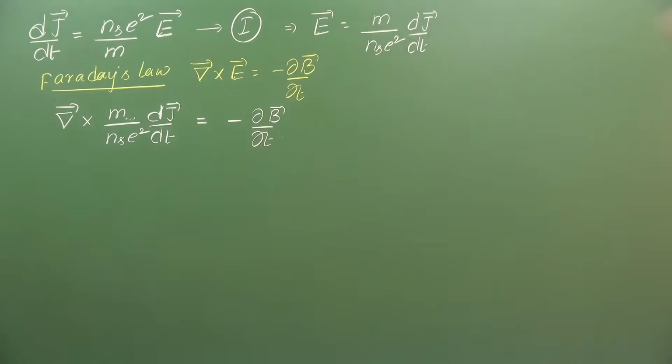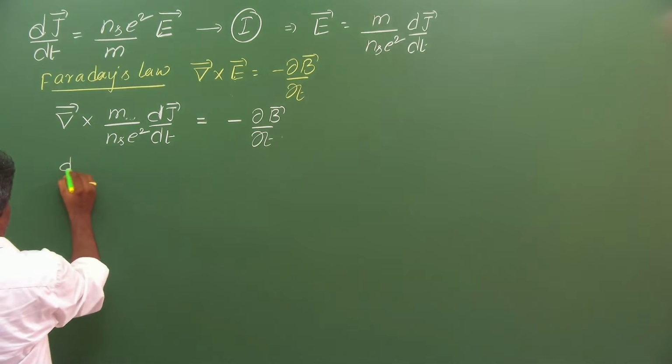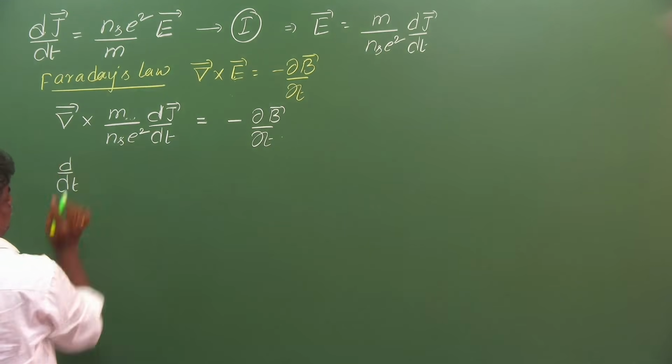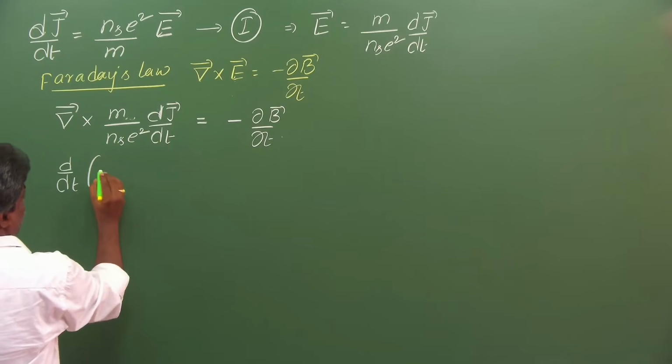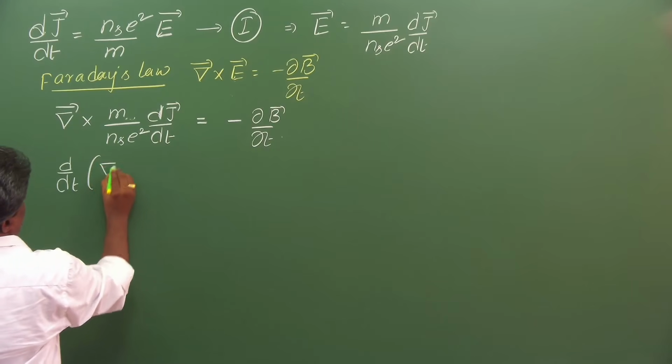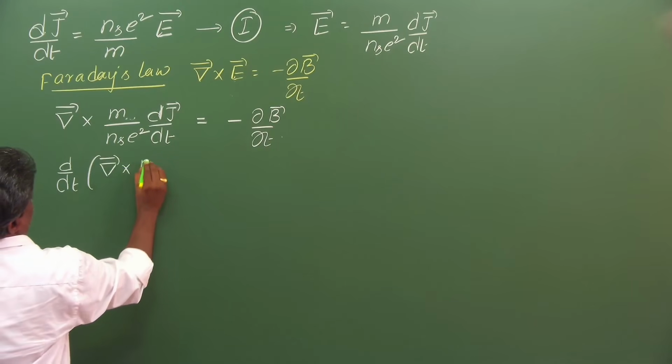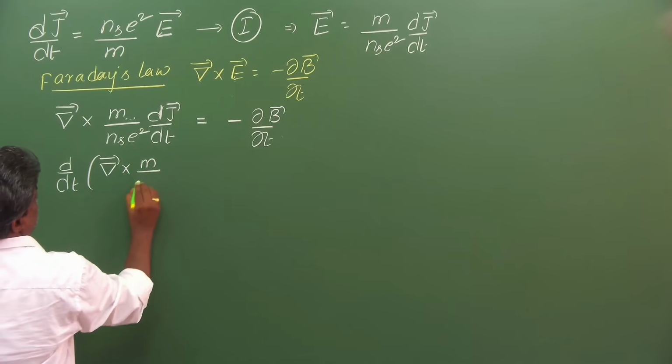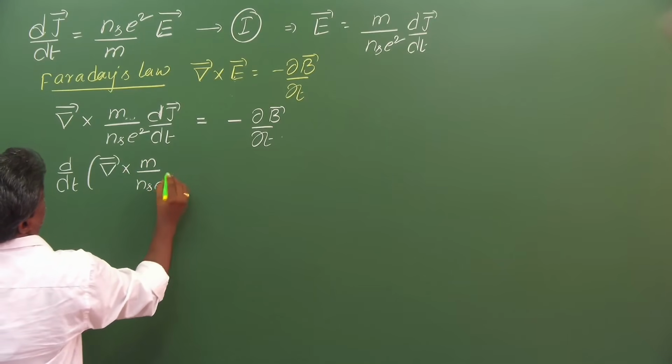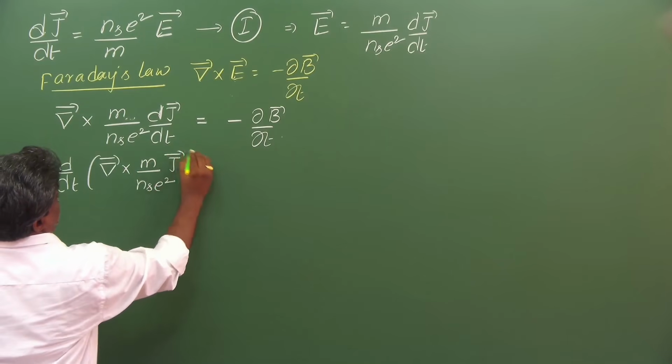Many times I told you, you can always interchange space and time operations. That's why I am going to write this d by dt of del bar cross m by ns e square J bar. Say yes or no?